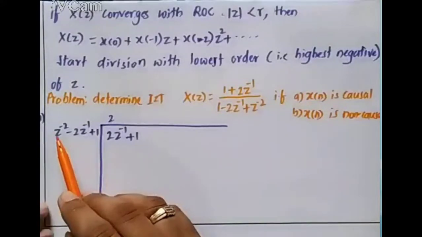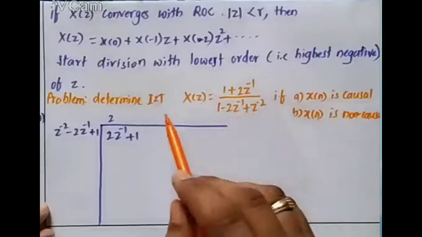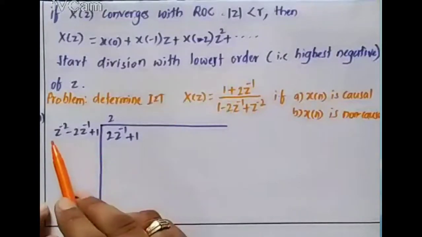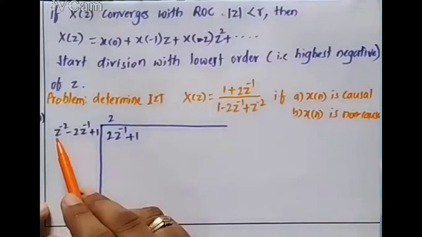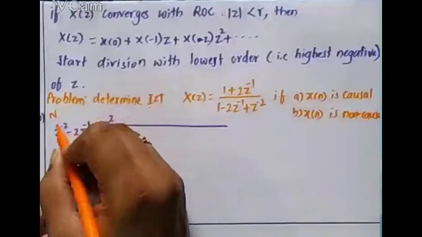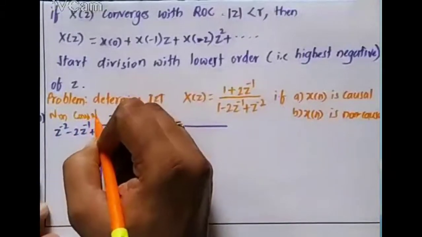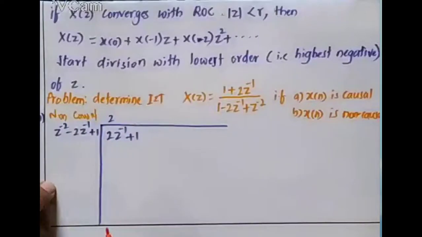So that's why whatever the order of X of z that has been given is rearranged so that I get the highest negative power of z here. This is for the non-causal condition.